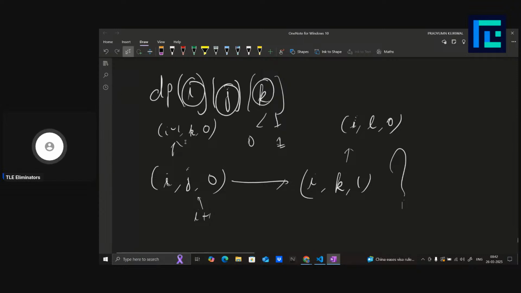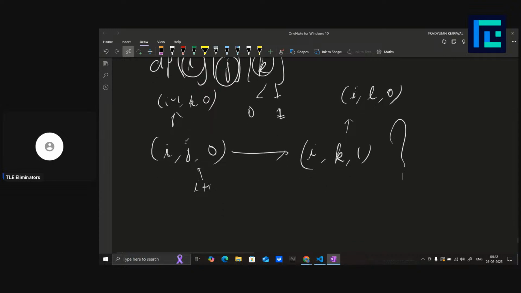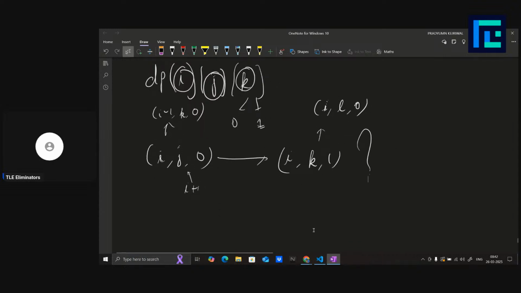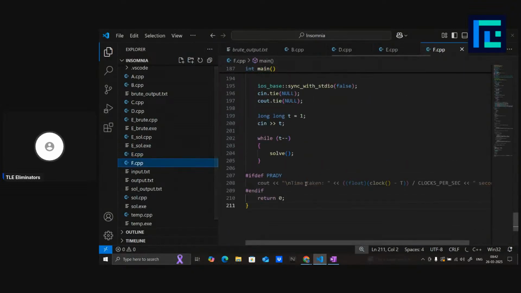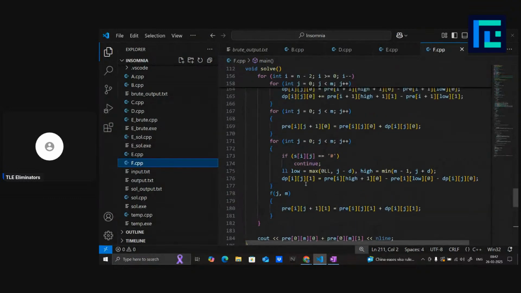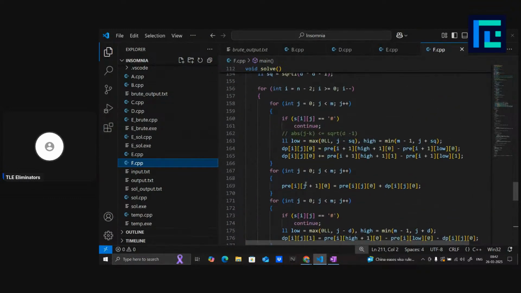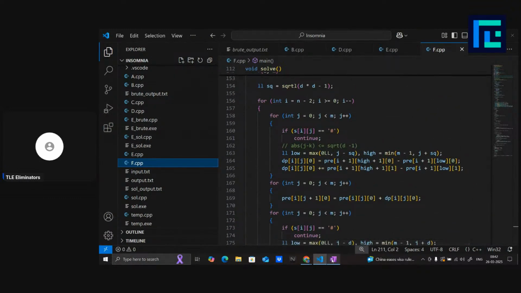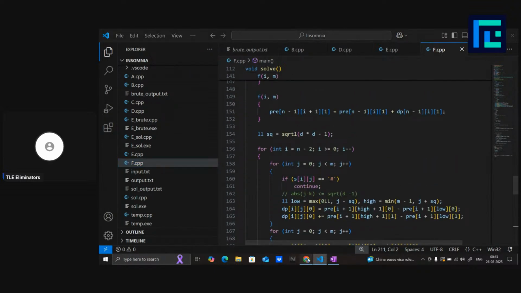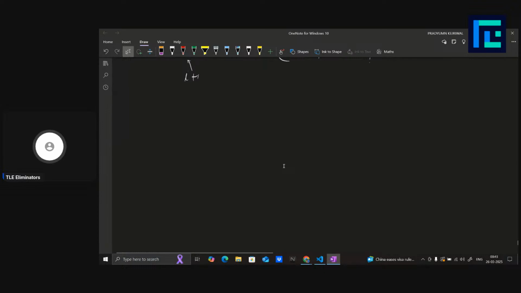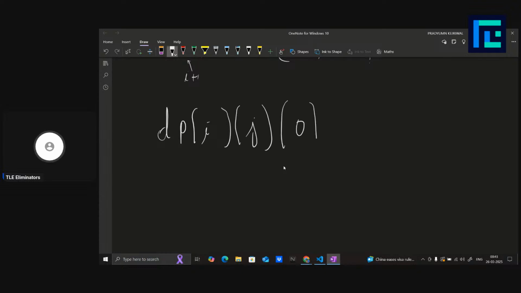So now that we have the state, let's think about transitioning. Okay, so I have done a pull DP. Anyways, let's say I want to calculate DP of i, j, 0.